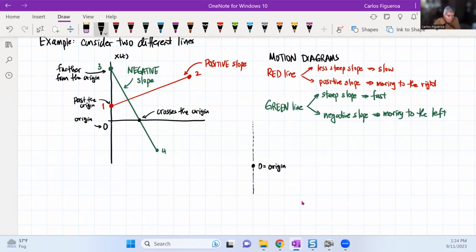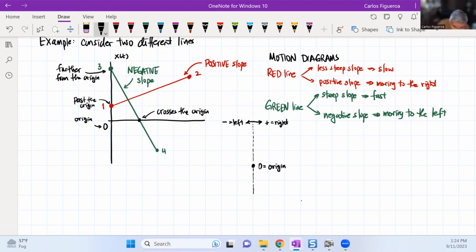So what do I know about the red car, the red line? Well, I'm going to define that this direction is positive or to the right, and this direction is negative or to the left. So now I have my coordinate system.